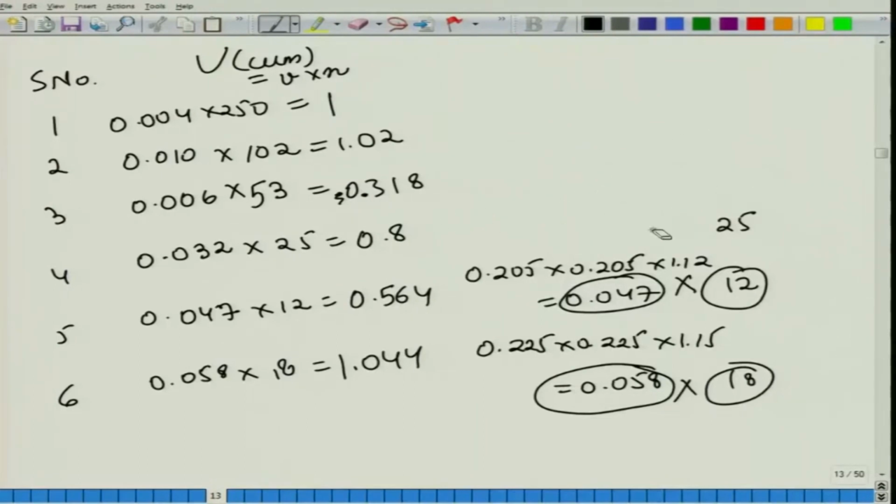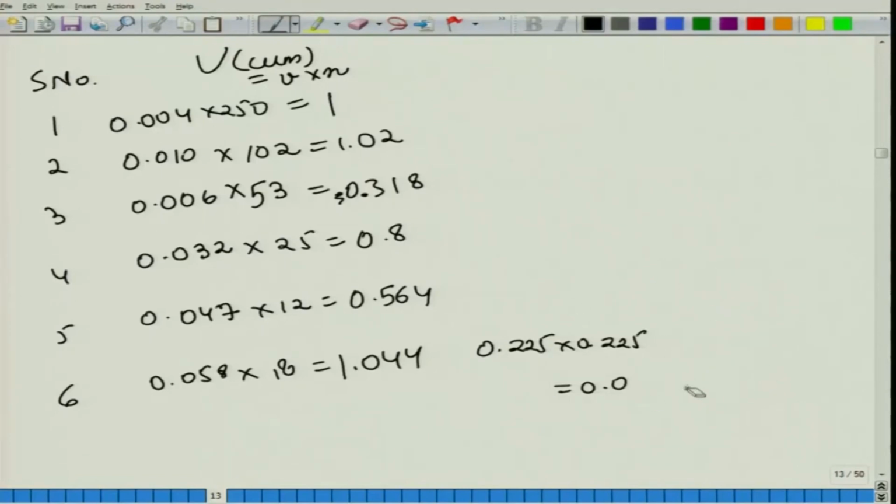So, now that we have computed the volumes for each of these substacks, next what we are required to do is to compute the volume for the complete large stack. That volume is given by the sum of these volumes.